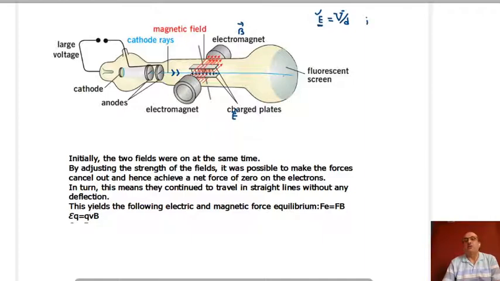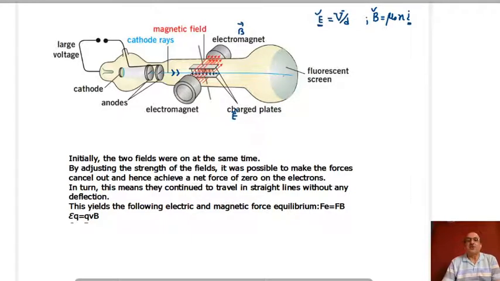And we also know for a solenoid, the magnetic field is equal to mu 0 n i, where n is the number of turns per unit length and i is the current. So we manage the amount of magnetic field by controlling the current. By controlling the voltage between the plates, we manage the amount of electric field we need, and by controlling the current we get the proper amount of magnetic field from the electromagnet.